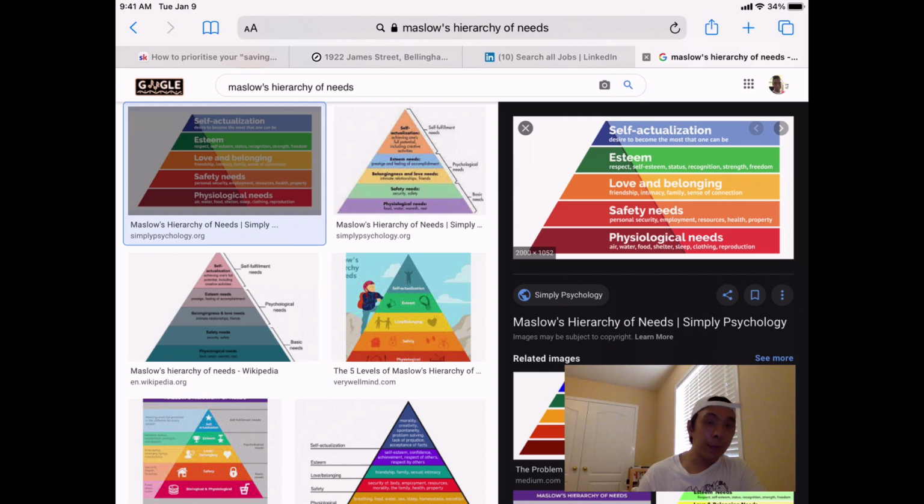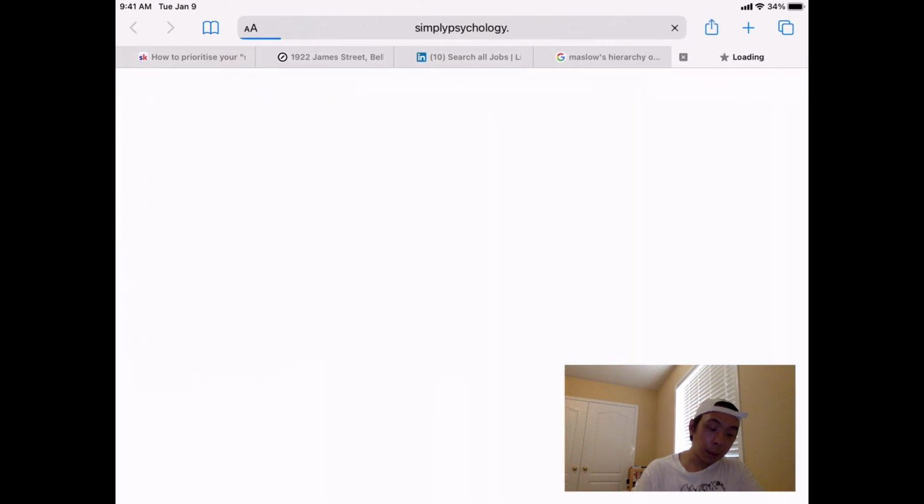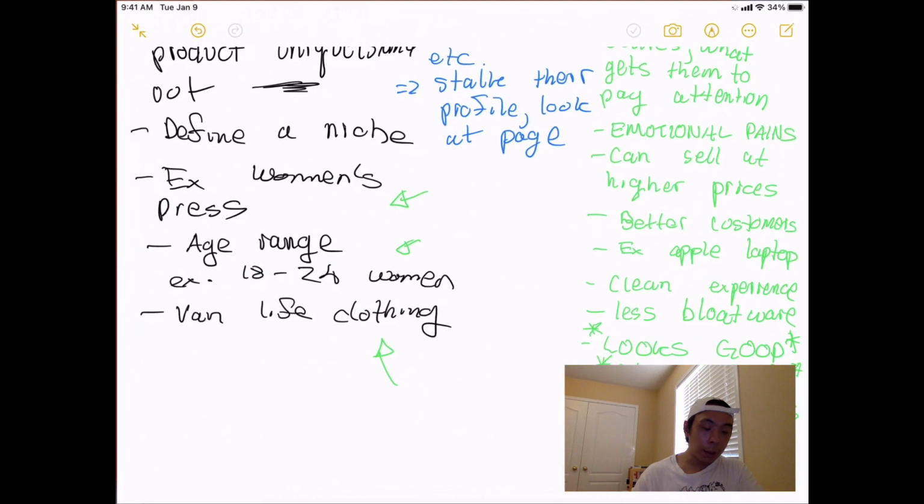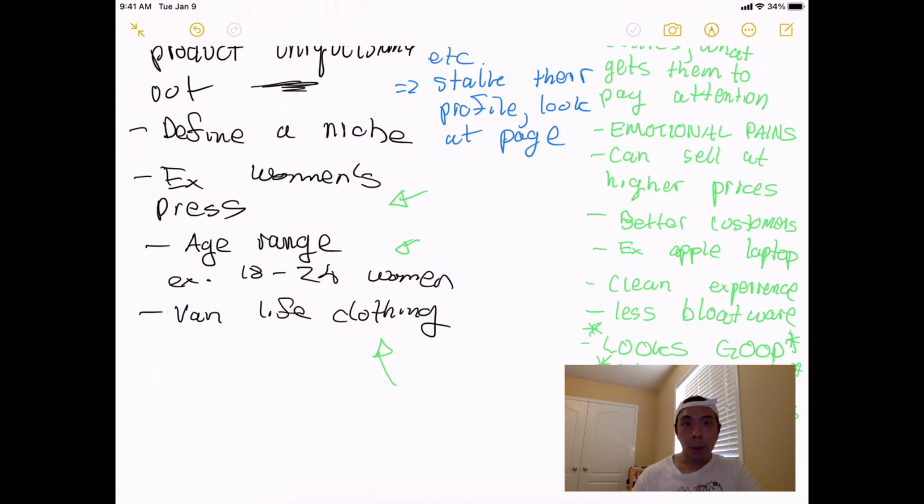So if you're selling, say, water, you don't really need to explain why people need to buy water or food or a house, but why people buy more expensive houses is because they're up here in esteem: respect, self-esteem, status, recognition, strength, freedom. That's why it's so effective. So the higher you can go on Maslow's hierarchy of needs, the more powerful your advertising can be, right?